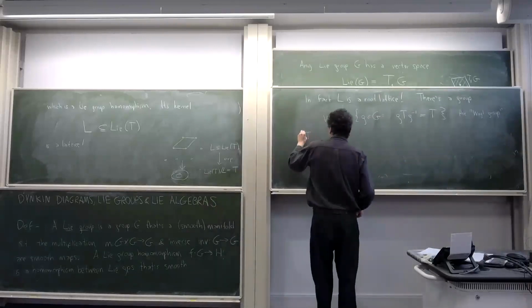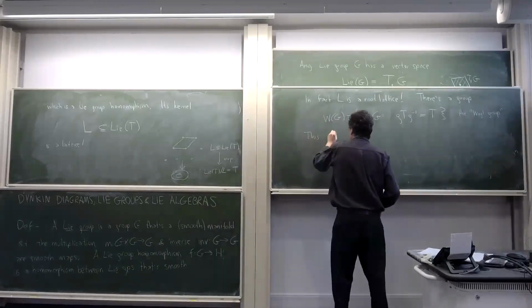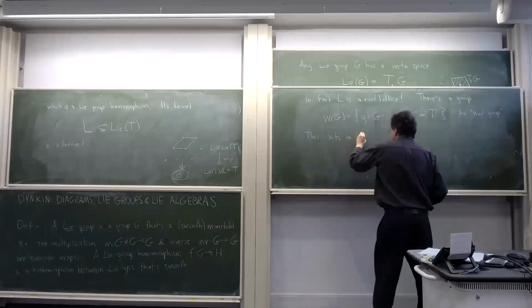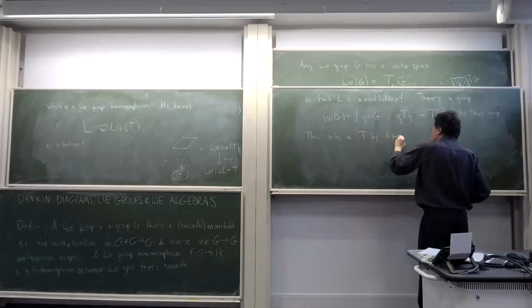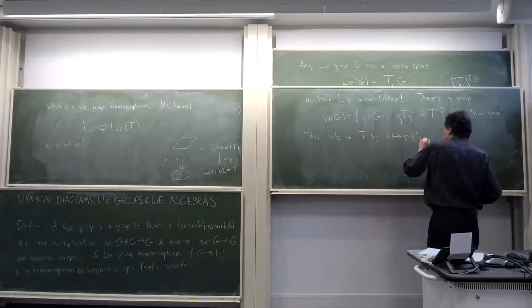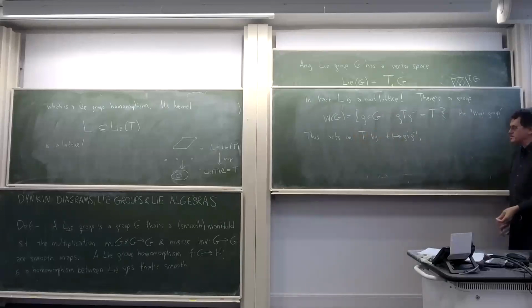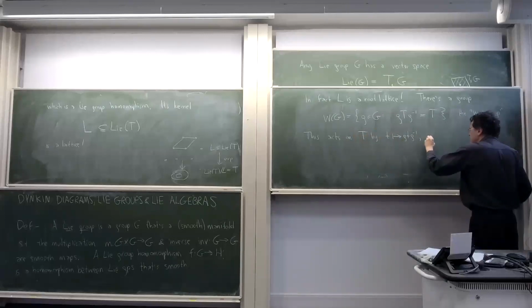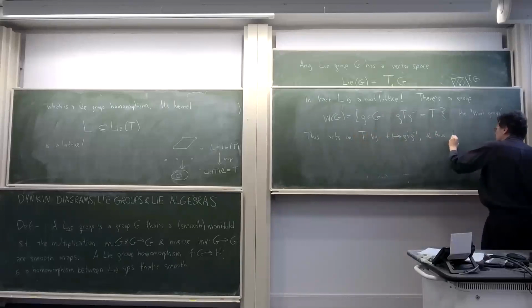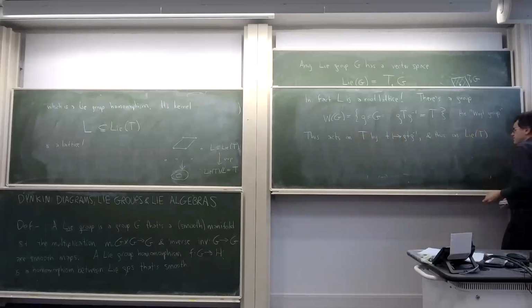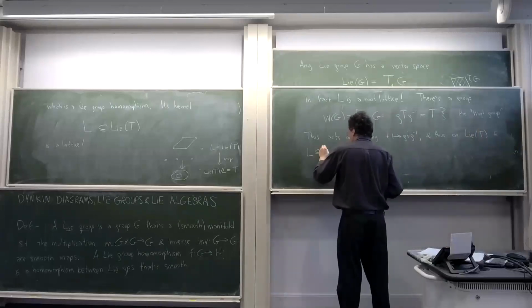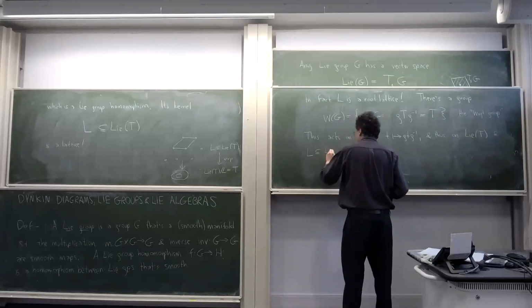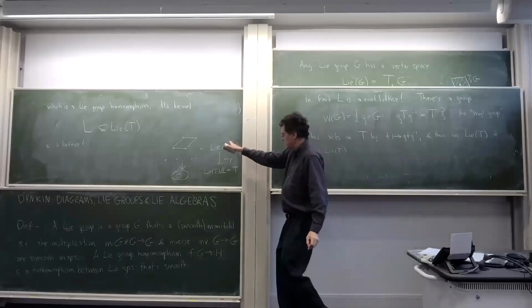So this acts on T by conjugation, and therefore it acts on everything that we've associated to T. It acts on Lie of T as linear transformations, and it acts to preserve this lattice, which is the kernel of this map here.